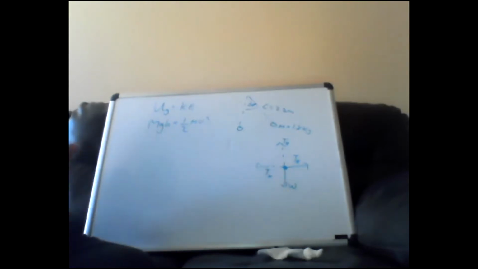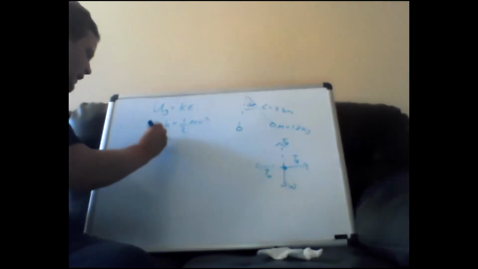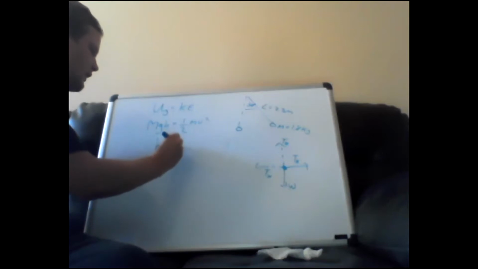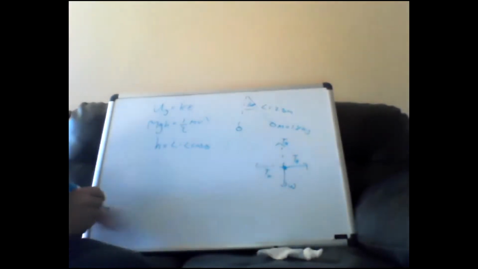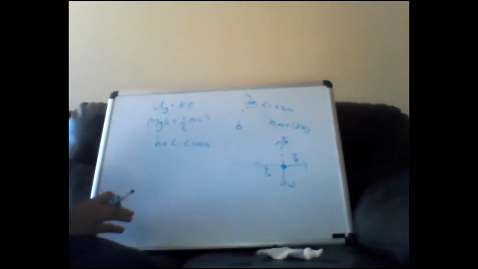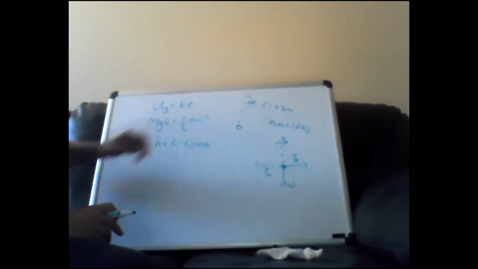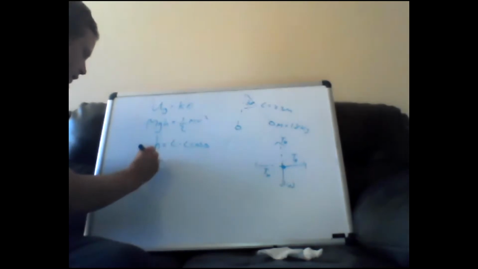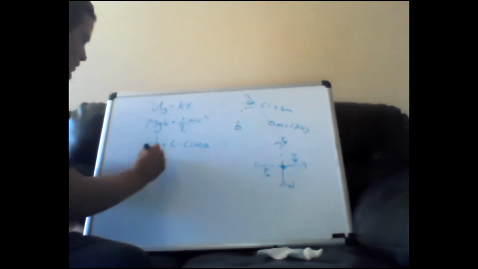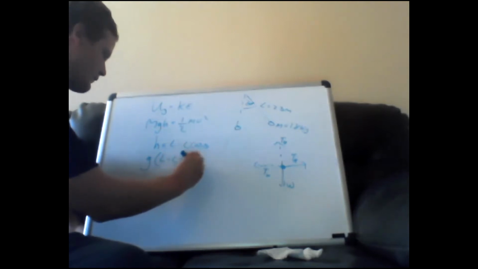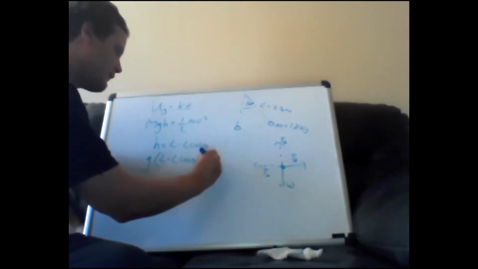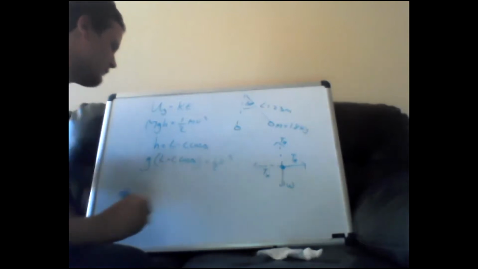And when we're dealing with pendulums, feel free to look up this derivation, we can say the height is equal to the length minus length cosine theta. It's a really common derivation if you want to look it up, but I'm just going to take it as a given. And so if I plug this back in, after I cancel the mass, I'm left with g times length minus length cosine theta is equal to 1/2 v squared.